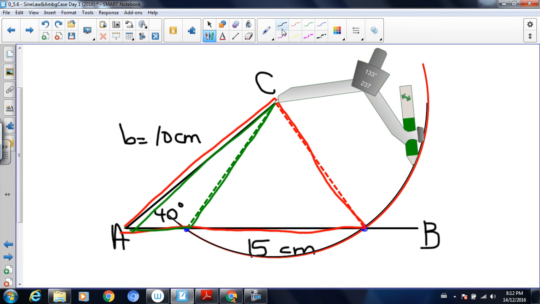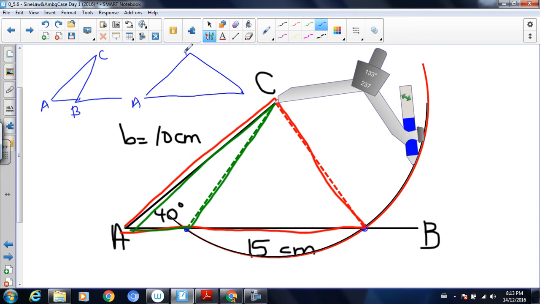So you actually have 2 different triangles. You have one triangle that is like this, A, C, and this is still considered B. If this is a triangle, then you also have this triangle right here, which is A, B, and C.